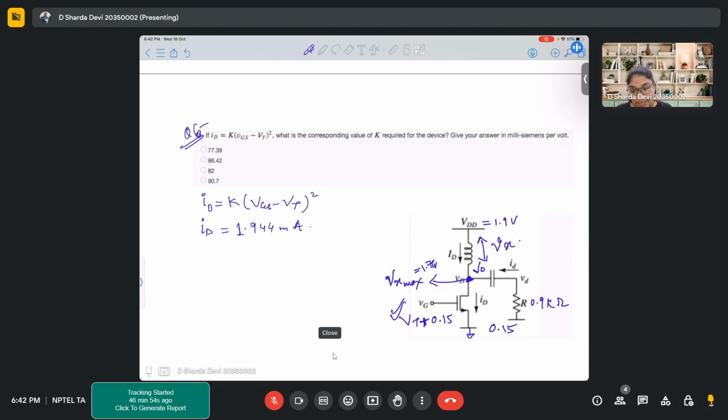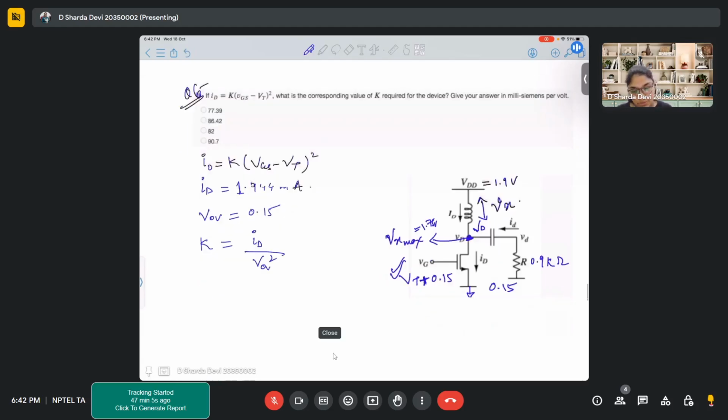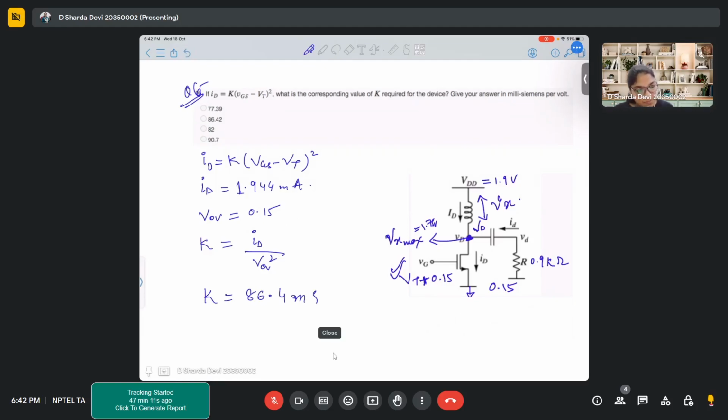This is the ID. V overdrive is 0.15. So the value of K is ID upon V overdrive whole square. So the K turns out to be 86.4 millisiemens per volt.